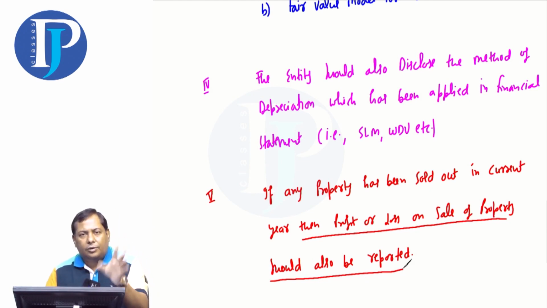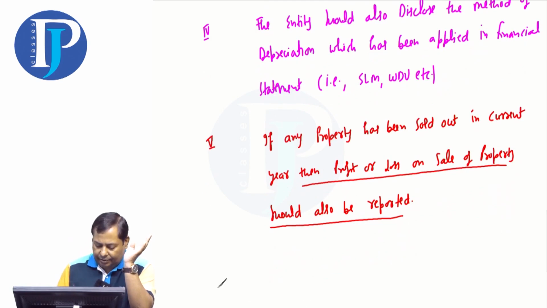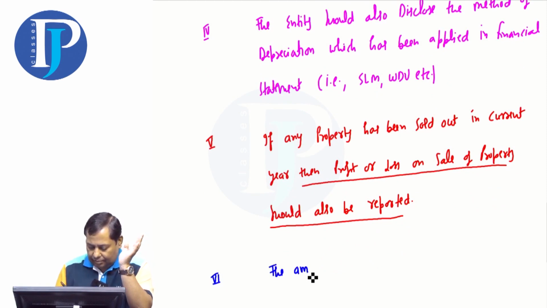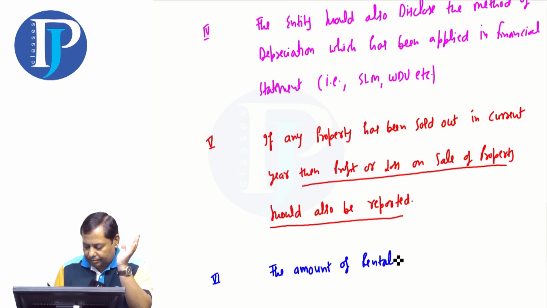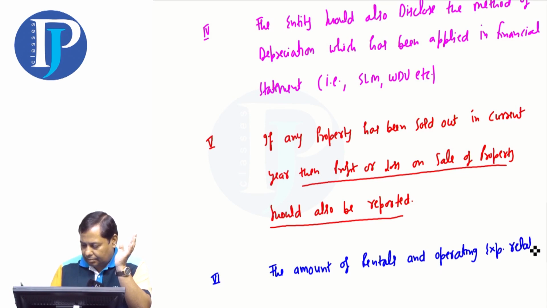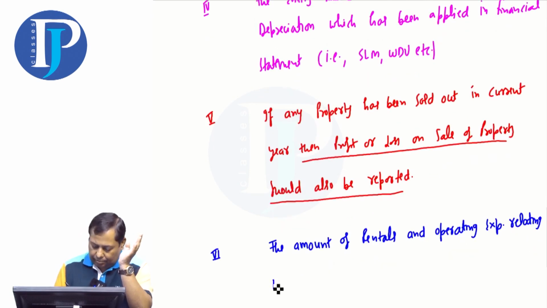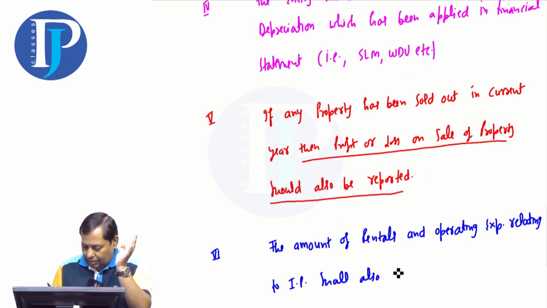If you sell a property, you have to write how much loss or profit you incurred. In sixth, the amount of rentals and operating expenses shall also be disclosed.